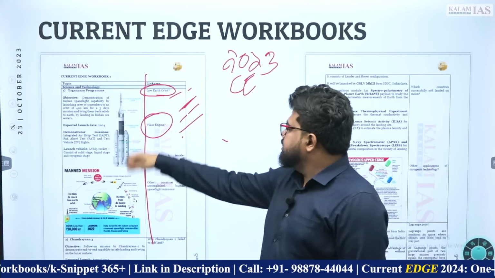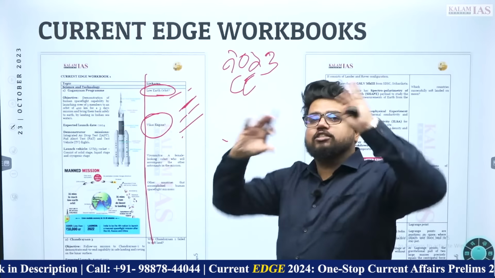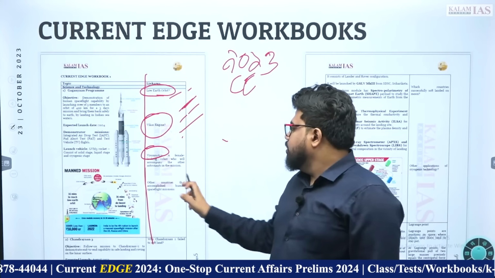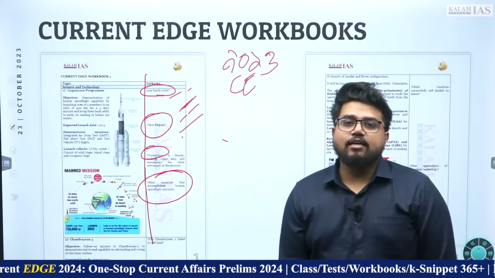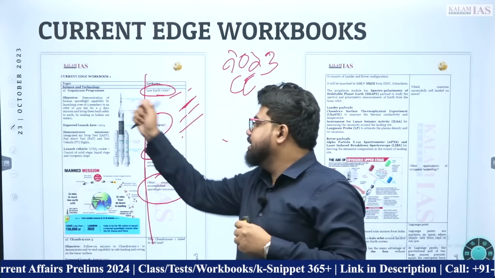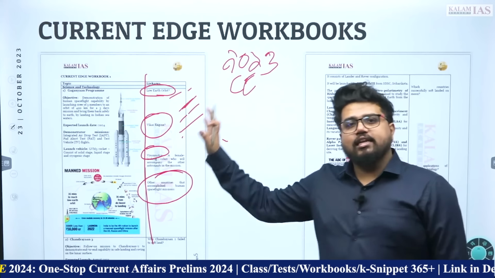Now, what is the Vikas engine that is being discussed here? These are the areas to extrapolate your knowledge on this subject. What is Vyomitra? What are other countries that have accomplished a human space program? Ask different questions related to this topic, then fill the area on the right side.